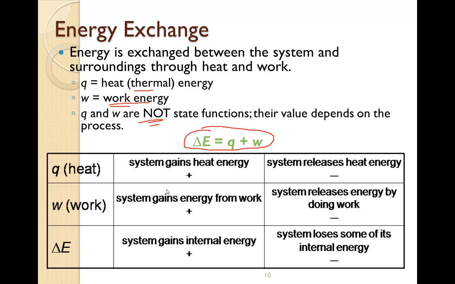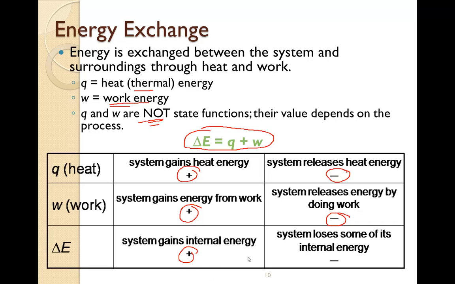The heat is positive when the system gains heat energy, and it's negative when it releases heat energy. Work is positive when it gains energy from work, and negative when it releases energy by doing work. Finally, delta E is positive when overall the system gains internal energy.